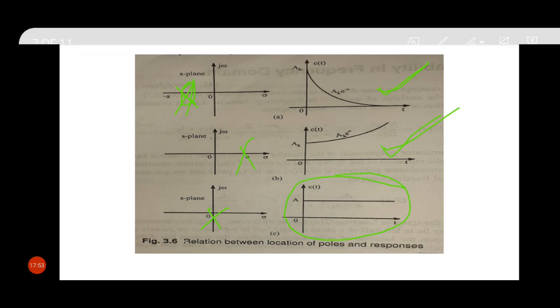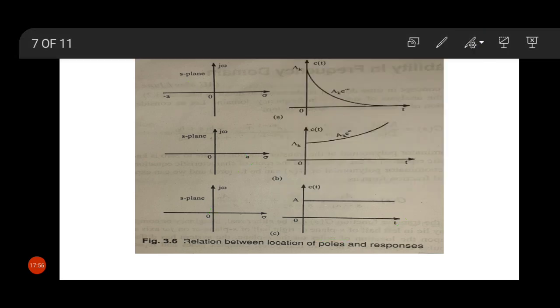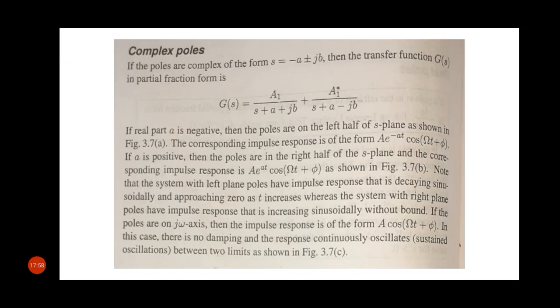Now come to the second case, that is, if our poles are complex. If the poles are complex of the form s equals minus a plus or minus jb, then the transfer function G(s) in partial fraction form is this.